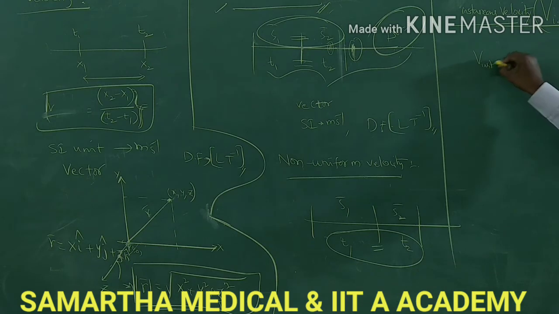It can also be said to be the average velocity over a small interval of time: delta x by delta t, limit delta t tends to 0. You can write this as dx by dt.